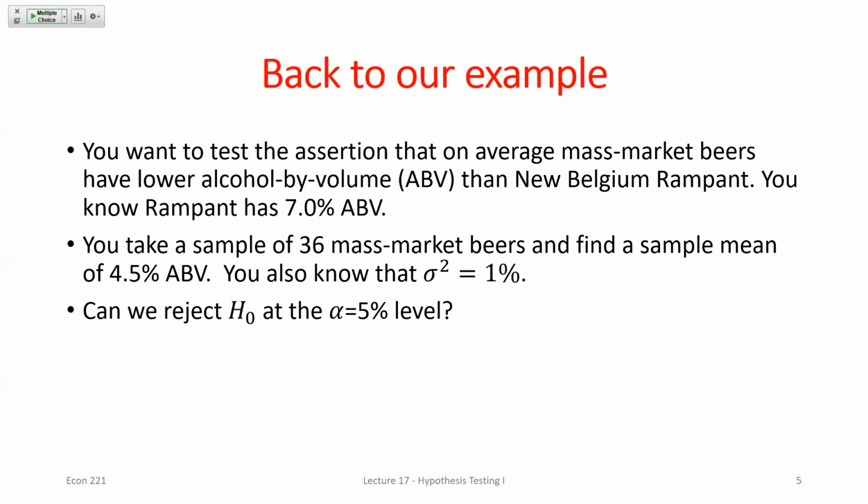Well, the next step: do I set an alpha here? Yes, I have an alpha of 0.05. So basically, if the probability of seeing the sample mean that I did, or anything even further from that assumed true population mean of 7%, if that p-value falls below 5%, or an alpha of 0.05, then I'm okay rejecting.